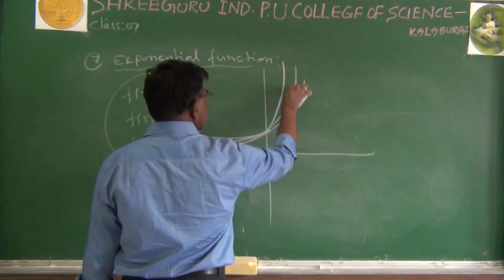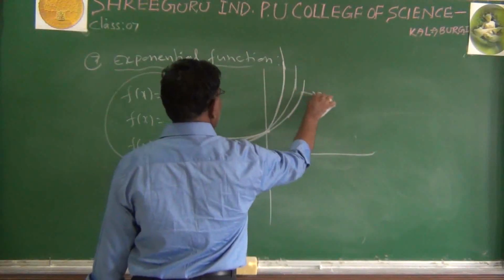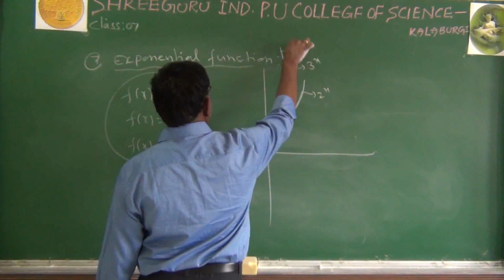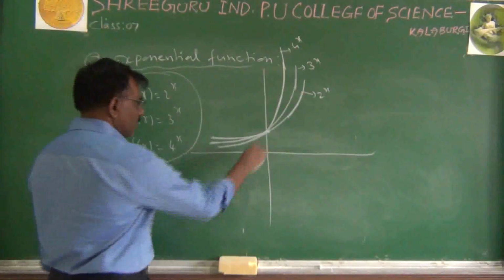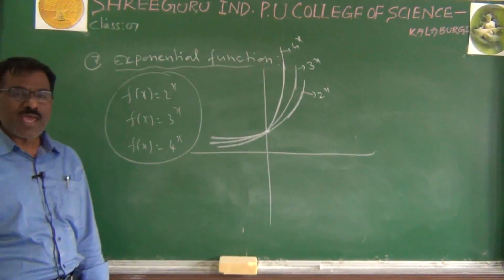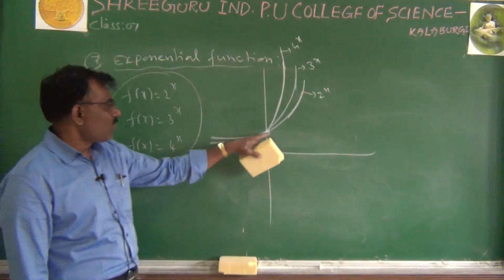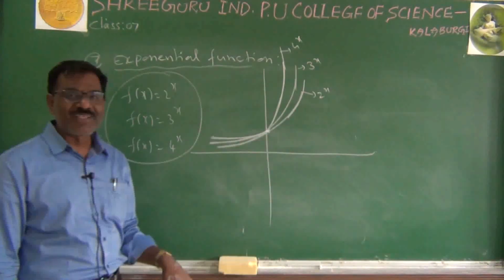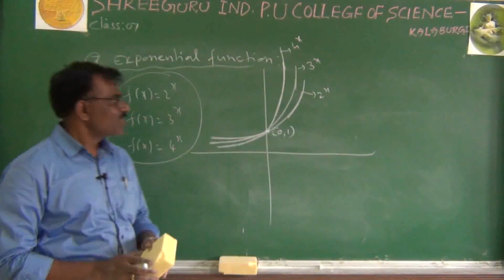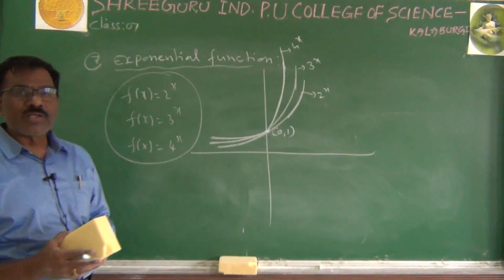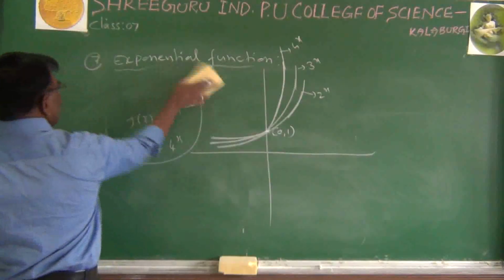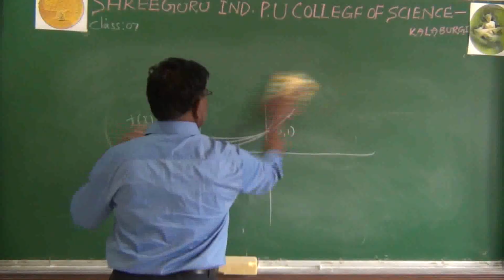This is 2 raised to x, this is 3 raised to x, this is 4 raised to x. This is for positive x; when you take negative x, this side comes. So this is called the exponential function.